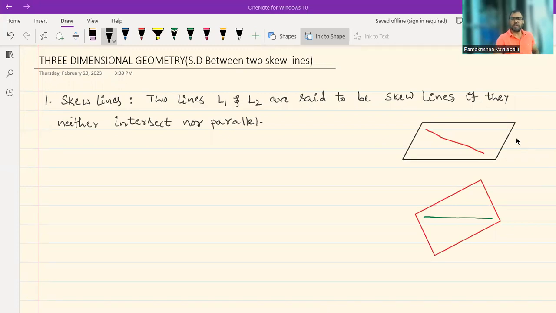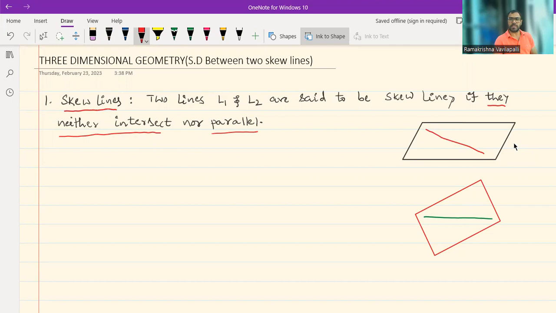Before we learn the shortest distance, SD, between two skew lines, first, what is meant by skew lines? Two or more lines are said to be skew lines if they neither intersect nor are parallel.